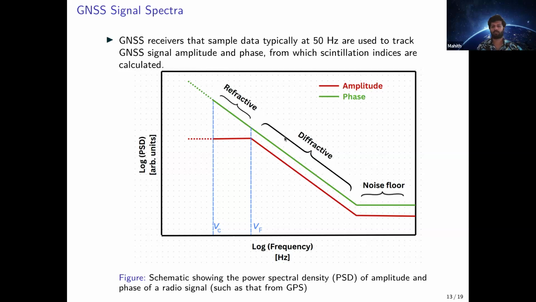The difference between amplitude and phase is that amplitude usually has a flat slope until a cutoff frequency called the Fresnel frequency. And that frequency is important because that's the frequency that separates refractive and diffractive contributions to scintillations.